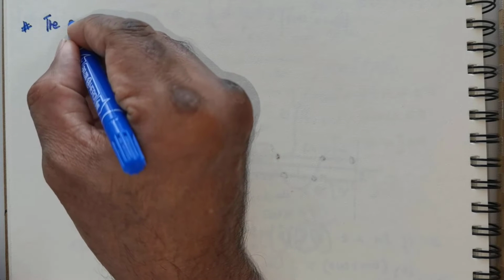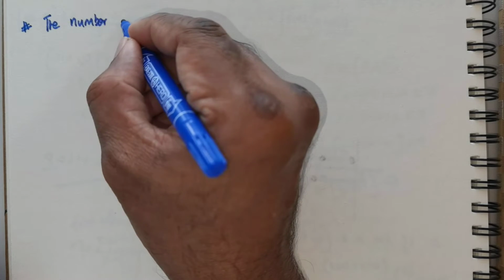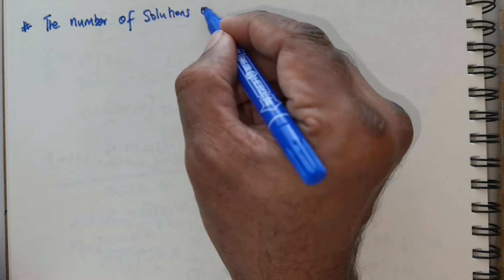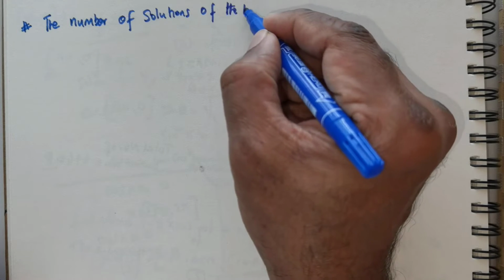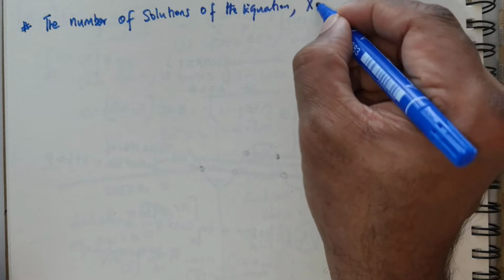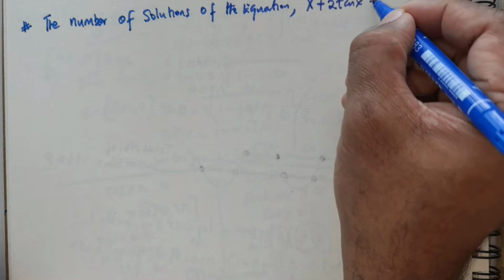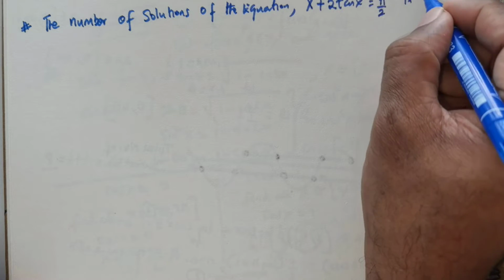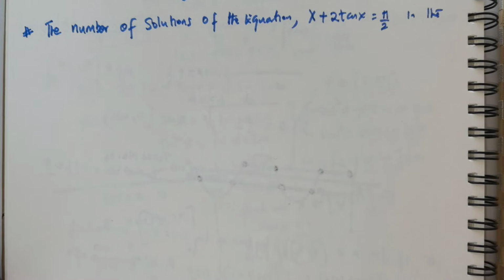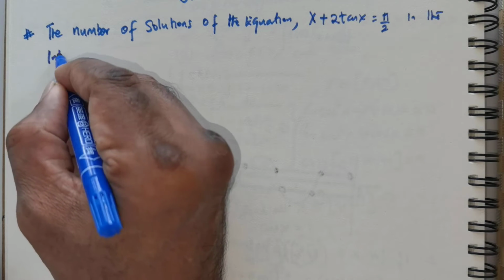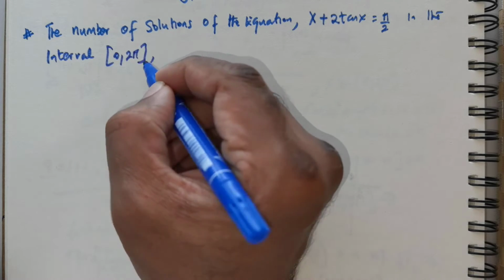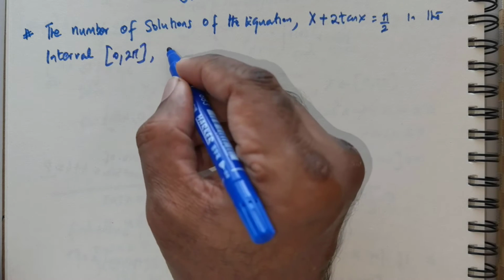We are expected to find the number of solutions of the equation x + 2 tan x = pi over 2 in the interval 0 to 2 pi, and we are given a list of choices.